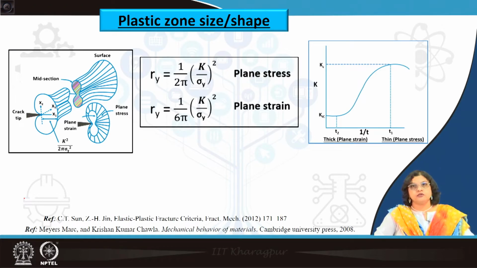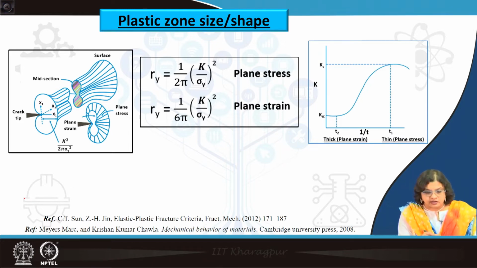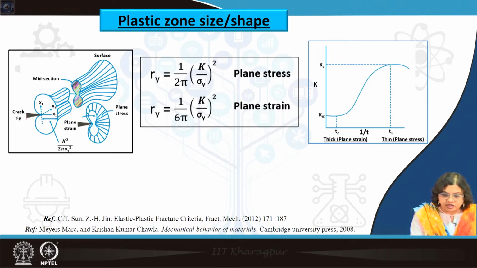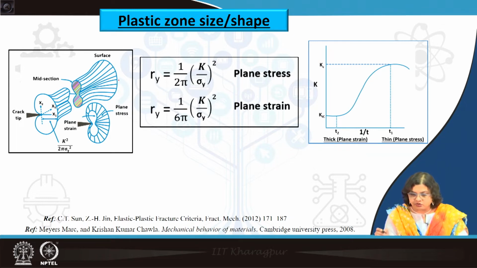So, let us start with the last lecture where we left off, where we discussed the plastic zone size and shape. We have seen that if there is a crack in a component, then near the surfaces or the edges the plane stress part develops, which includes a higher plastic zone size, something like 1 by 2 pi (K by sigma yield strength) square.